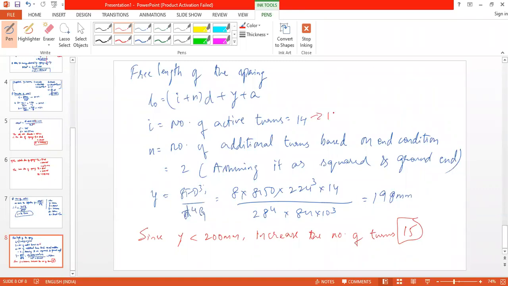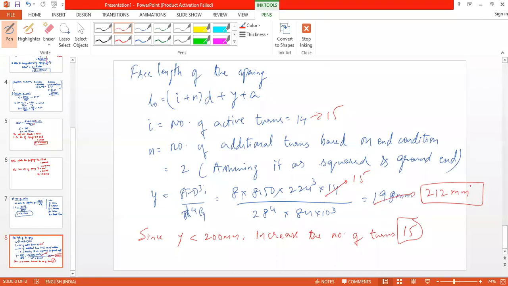So if I make it 15, what happens? I'll get 212.89 mm.